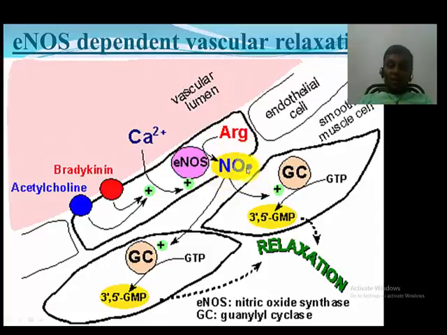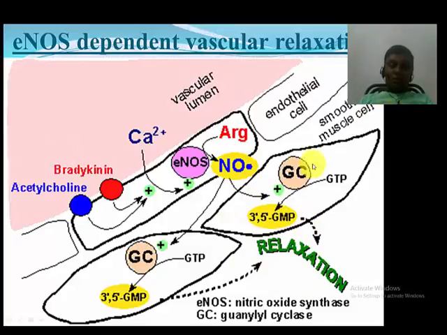This nitric oxide will act on guanylyl cyclase, and thereby it will form more cyclic guanosine monophosphate, that is cGMP, and this cGMP inhibits phosphodiesterase, and thereby it causes the relaxation of smooth muscles like vessels and so on.